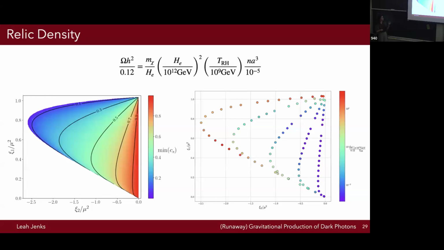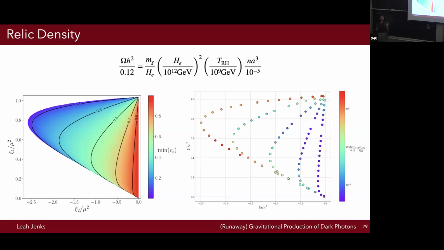We can look at particle production in the context of the relic density in this region. From our calculation of Na cubed, the co-moving number density, we can translate that into the relic density today with the following, where we want this omega h squared over 0.12 to be order 1 to account for all of the dark matter. This is dependent again on HE and the reheat temperature. So these are the free parameters that you can move around. Along these constant contours of sound speed, we calculate this omega h squared over 0.12 with some scaling.